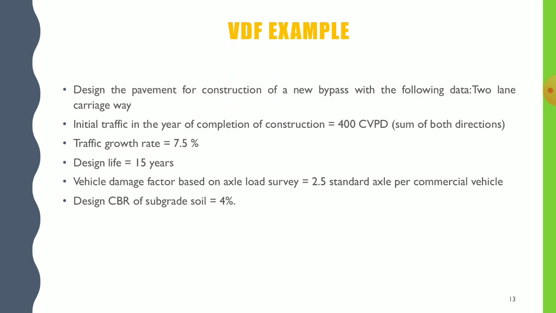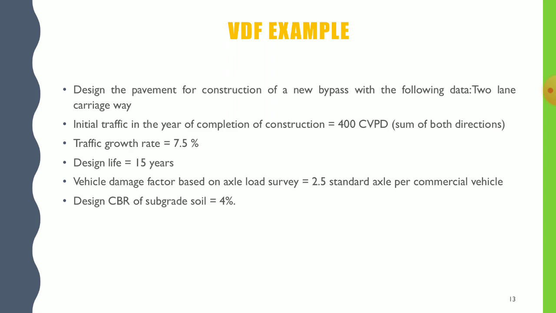We have to design the pavement for construction of a new bypass with the following data. Two-lane carriageway. Initial traffic in the year of completion of construction equal to 400 CVPD, which is commercial vehicles per day. Traffic growth rate 7.5%. Design life 15 years.